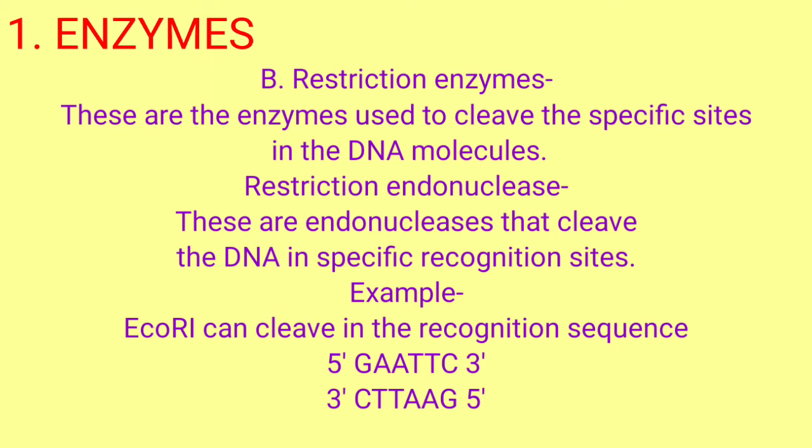So the restriction endonucleases are also called molecular scissors. Now when the restriction endonuclease cuts the DNA, we get two types of ends. One is the sticky end and the other one is the blunt end.